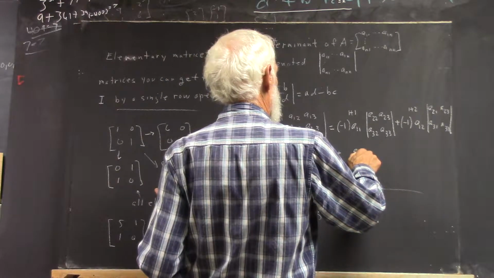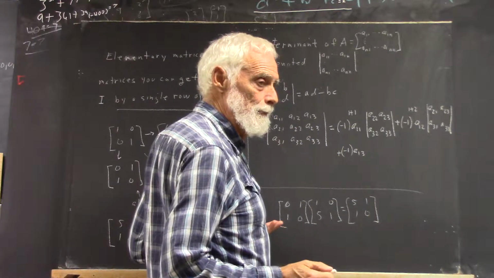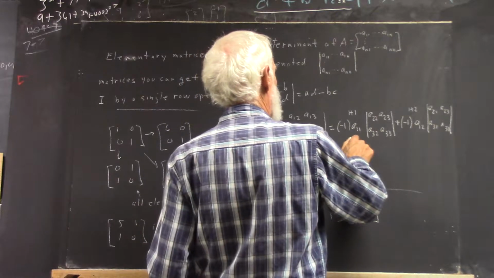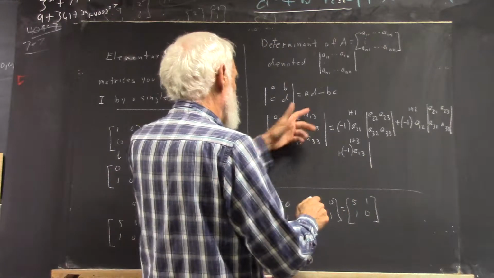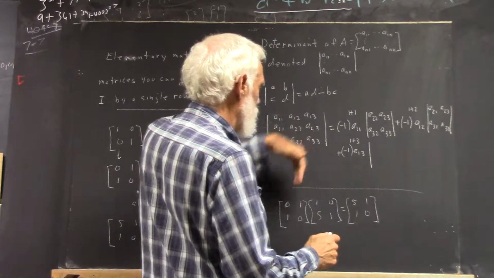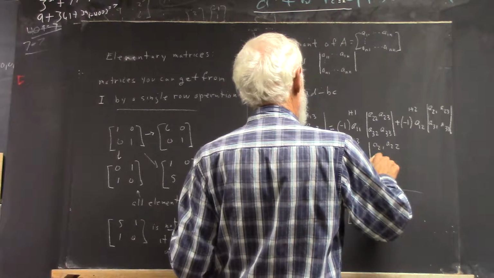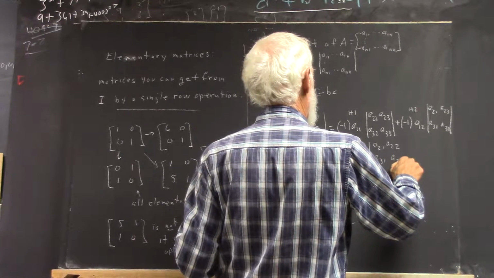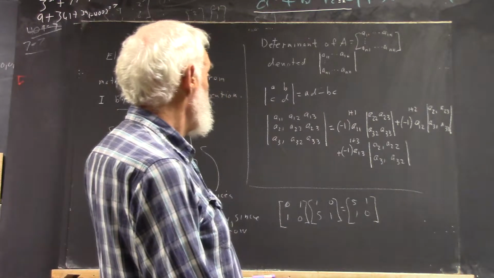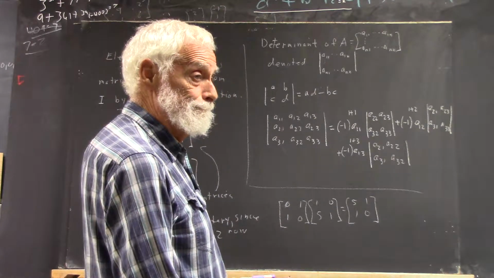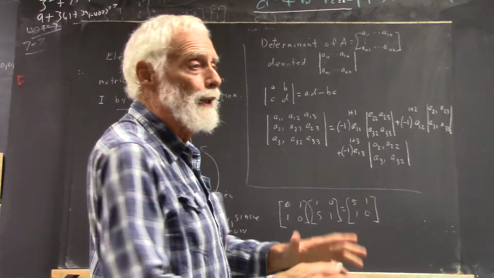Well, we're going to have A13, but we're going to have -1 raised to the power, what power? 1 plus 3. Yeah. And then that's times what you get when you take out the row and column of A13. So that's going to be A21, A22, A31, A32. Okay? That make sense? I mean, you don't necessarily understand why or what it means, but that makes sense. The pattern is not hard to see.